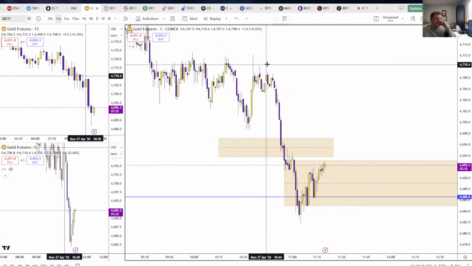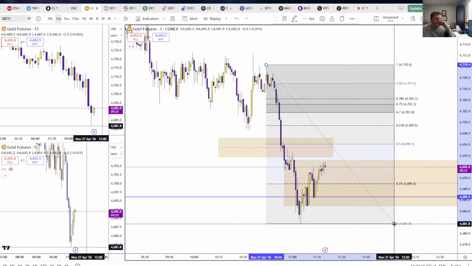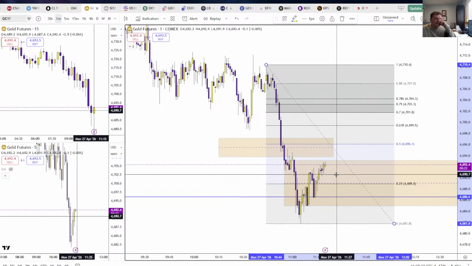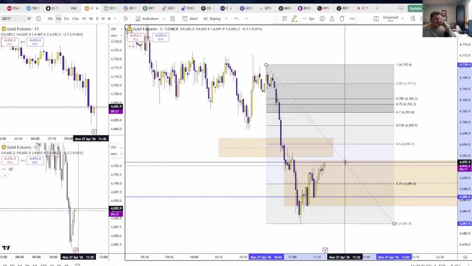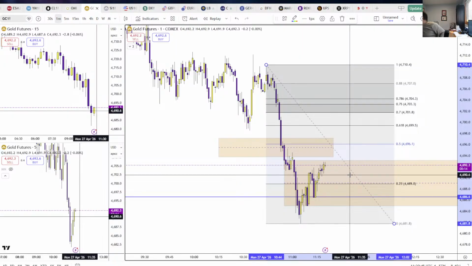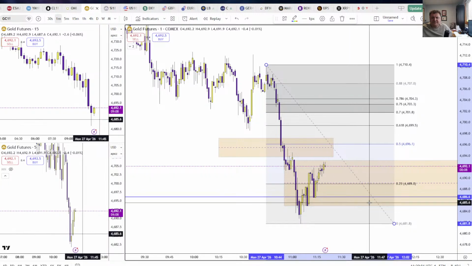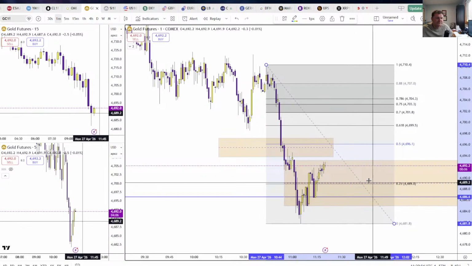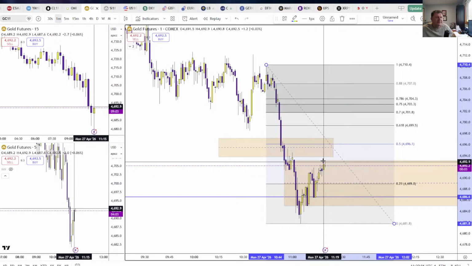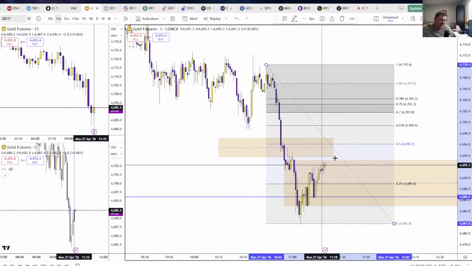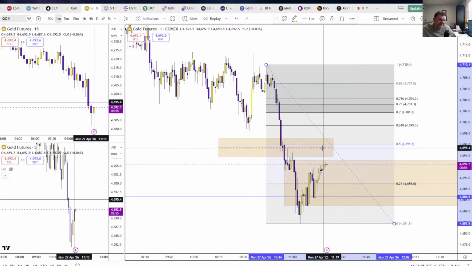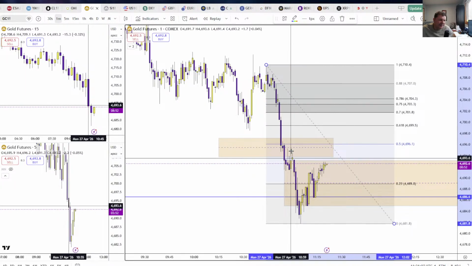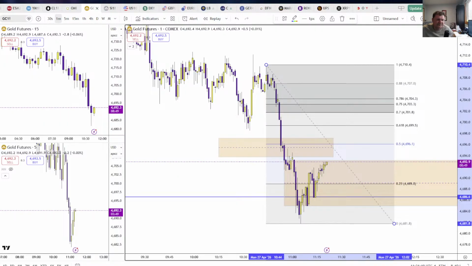So this will be an internal range liquidity hunt. You already hit 50% there, hey? Gotta wait for a structure break, and unfortunately that's right at the 50% mark. So I could just run up here, tag this. We get a body closing up here, above here, then it'd be a lot nicer.